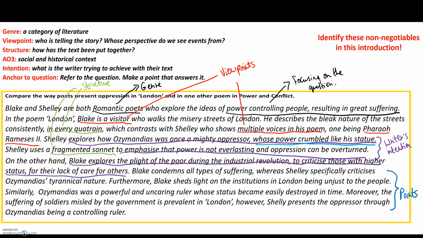We've also got the plight of the poor during the Industrial Revolution. And we've also got the part about the people with higher status. So all of these things are AO3. Okay, so I hope that helps.